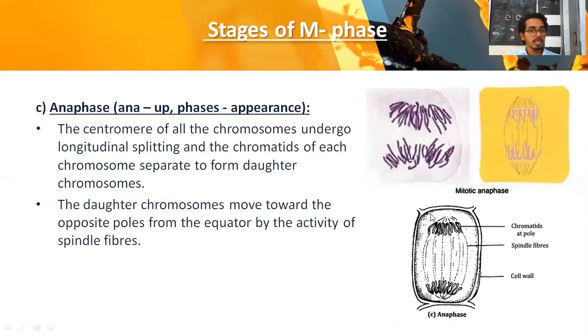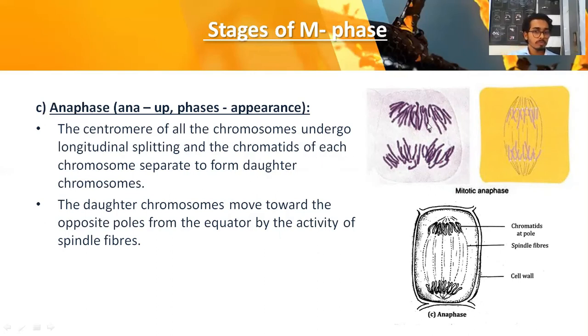Here in anaphase, ana refers to up. That means the chromatids which are present are supposed to be moving upwards towards the poles, hence the term anaphase. Now the centromeres of all the chromosomes undergo longitudinal splitting, and each chromatid of that particular chromosome will be entering towards the opposite pole.